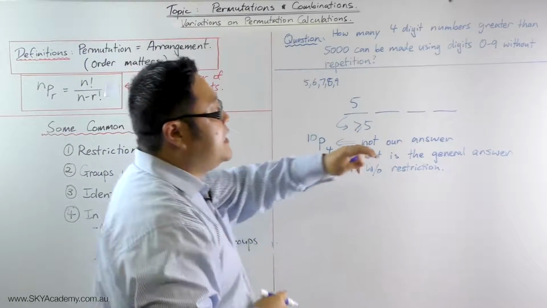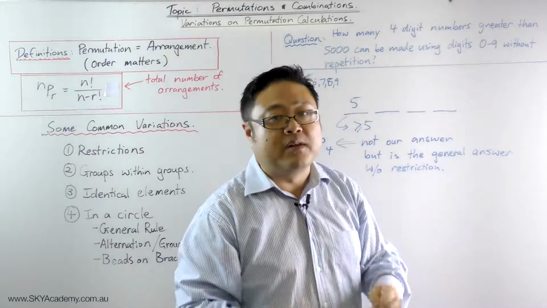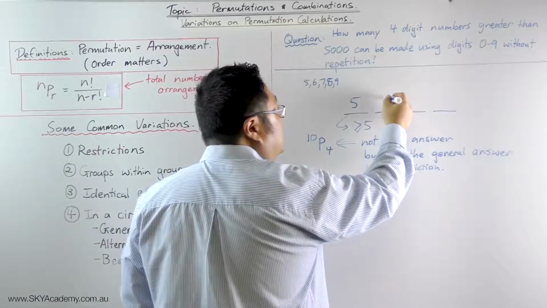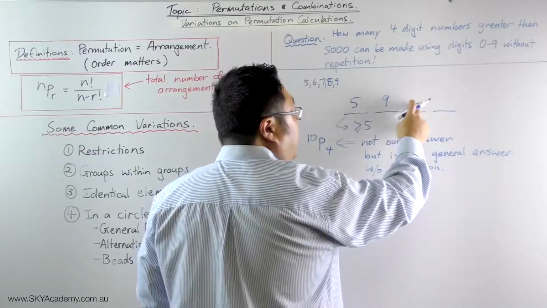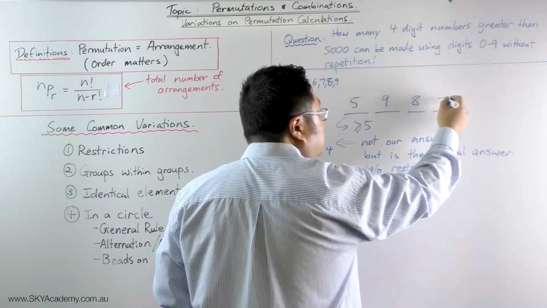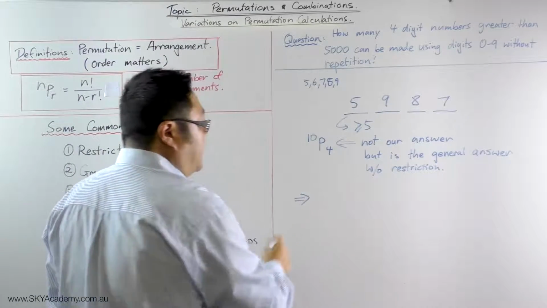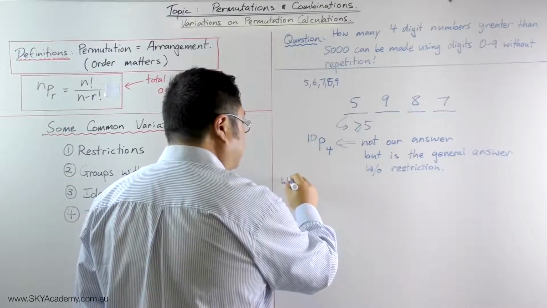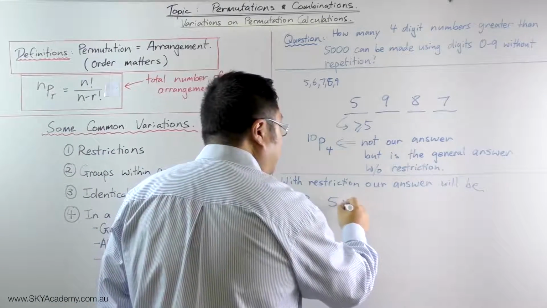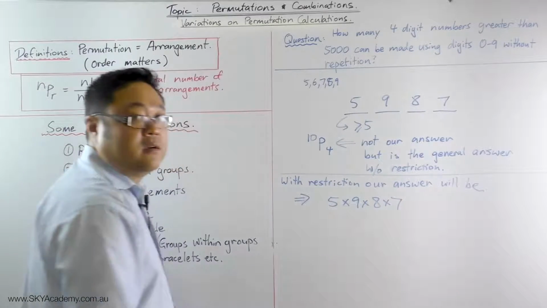How many digits are there from 0 to 9? There are actually 10. You can count them on your fingers. So there's going to be 1 less than 10, which is 9. Then 1 less than 9, which is 8. And then 1 less than 8, which is 7. So with the restriction, our answer will be 5 times 9 times 8 times 7. Got it?